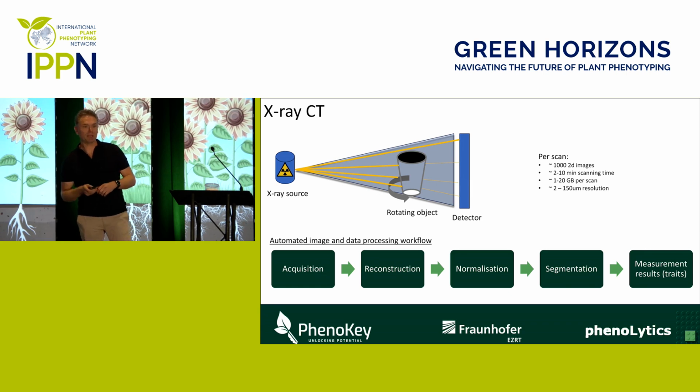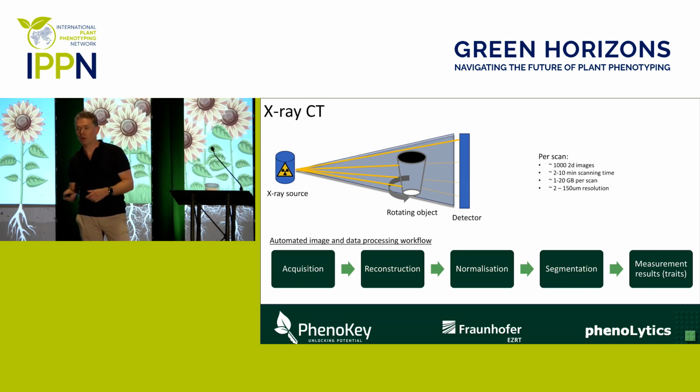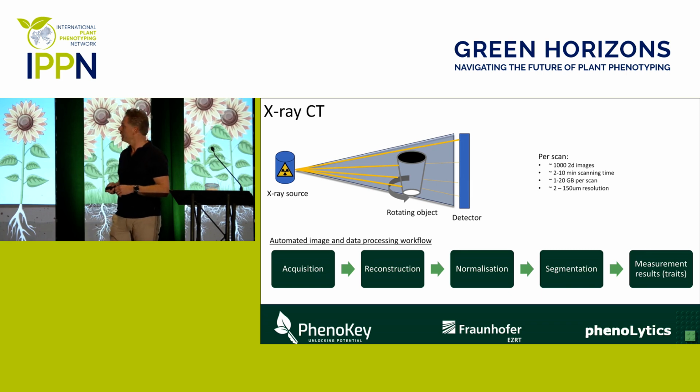It's quite a data beast, so we generate somewhere between 1 and 20 gigabytes per scan. And it's very high resolution. So your average resolution is around 100 micron, but we can also go down to 2 or go higher if possible. Then we have 1000 images.